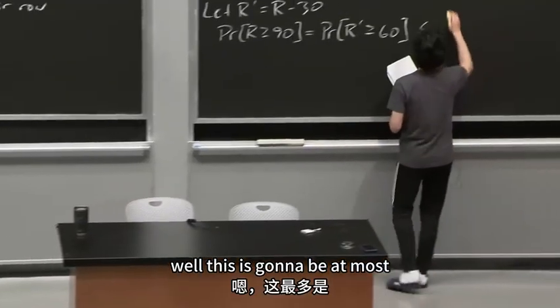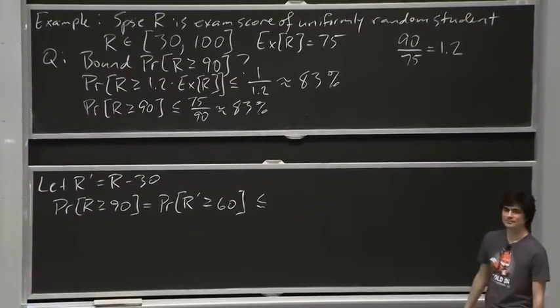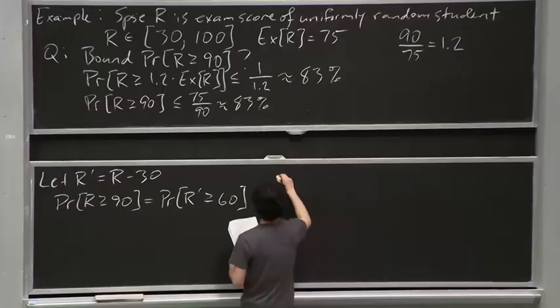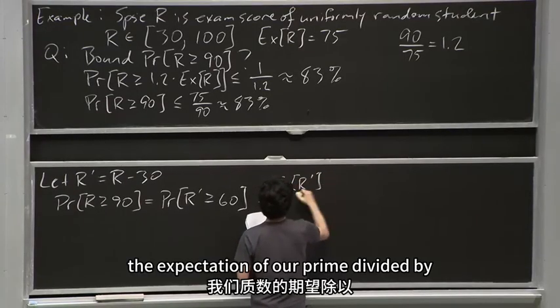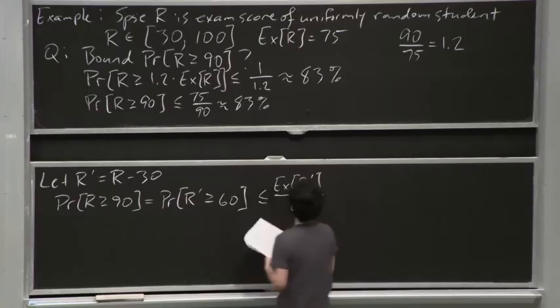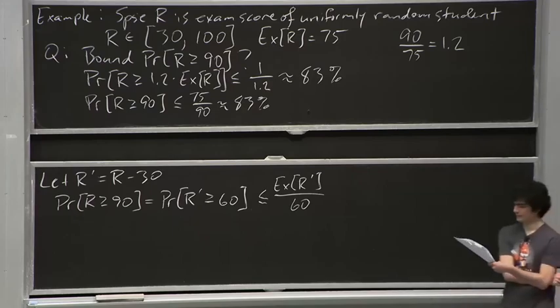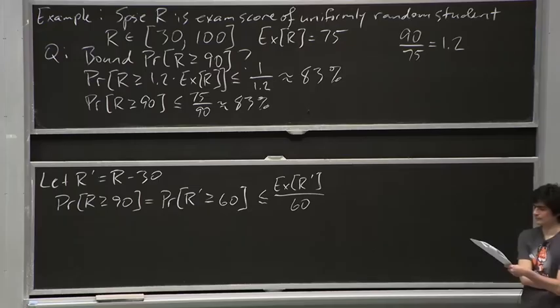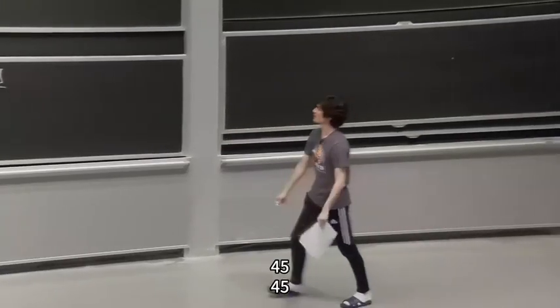Well, this is going to be at most the expectation of R prime divided by 60. What is the expectation of R prime? Yeah, 45.